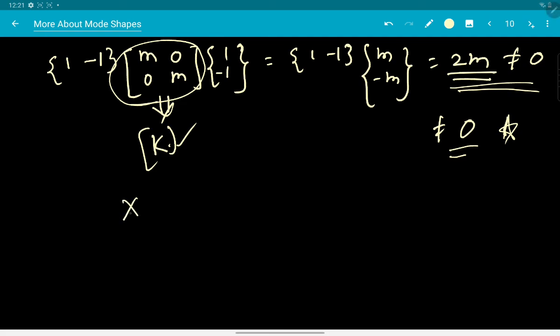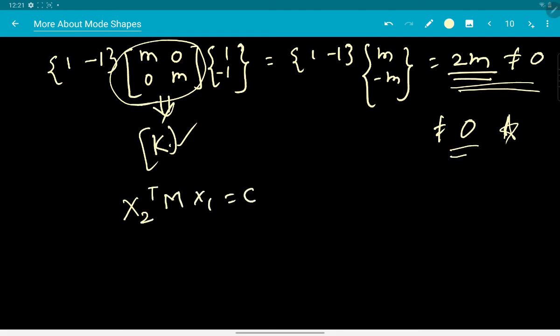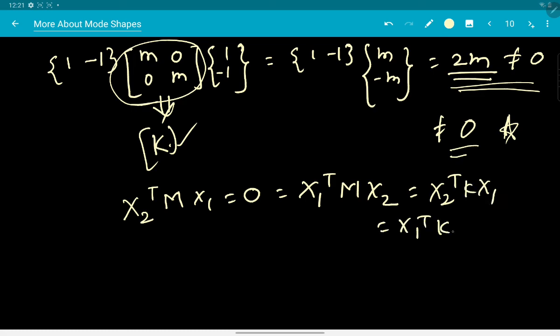They are not orthogonal with respect to each other, but they are orthogonal when considered together with mass and stiffness matrix. So that's why x2 transpose m x1 is equal to 0, which is equal to x1 transpose m x2, and it is also equal to x2 transpose k x1, which is equal to x1 transpose k x2.